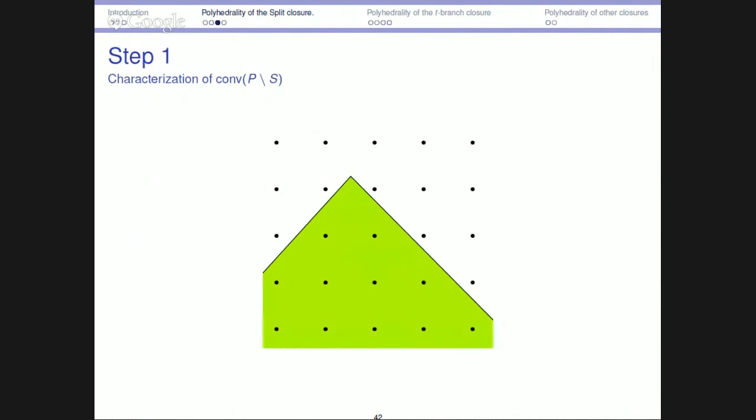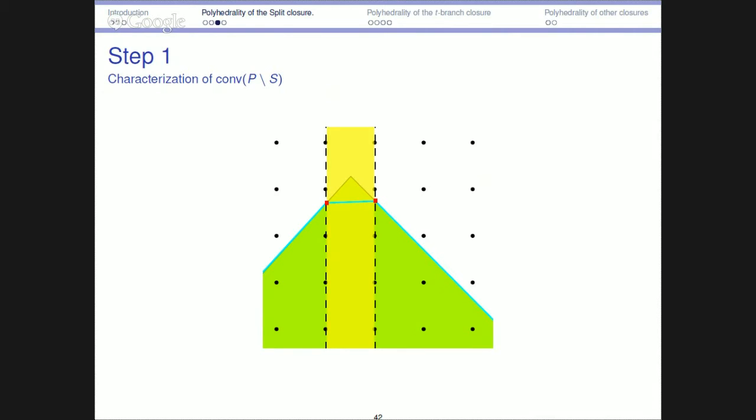So let's see. In order to use this result, we need to relate splits with non-negative integers. So this is what we will do. Remember how you compute a split cut. You remove from P a split, you compute the cut, and what you obtain is this object. This is the convex hull. And you can notice that this convex hull is defined by these 2 points.